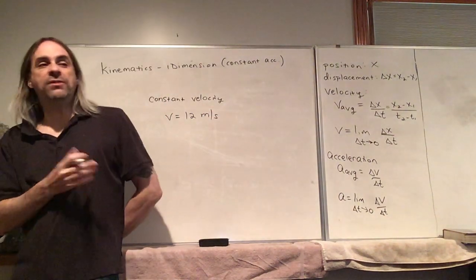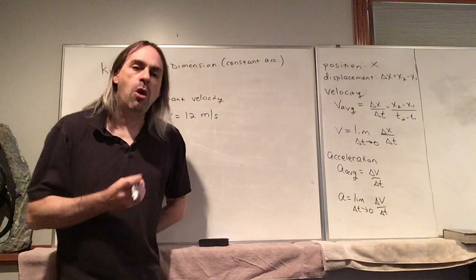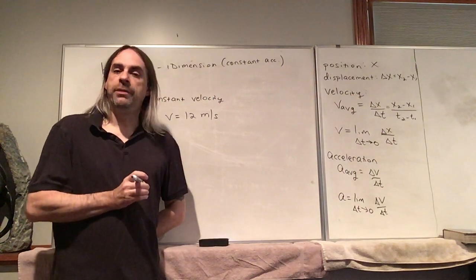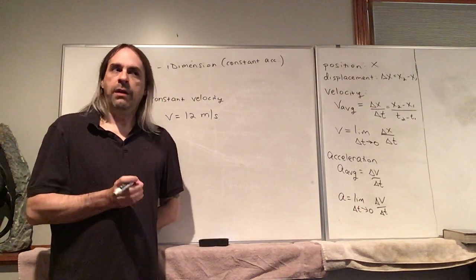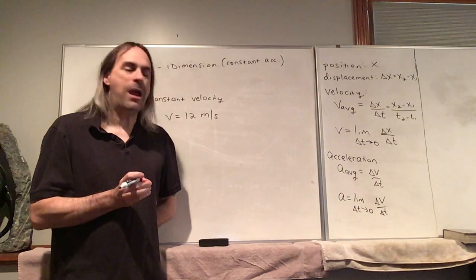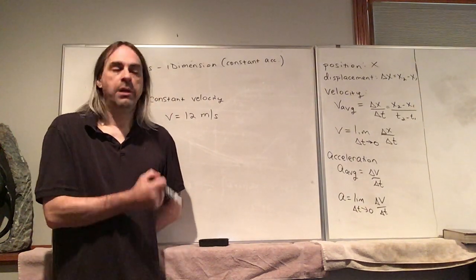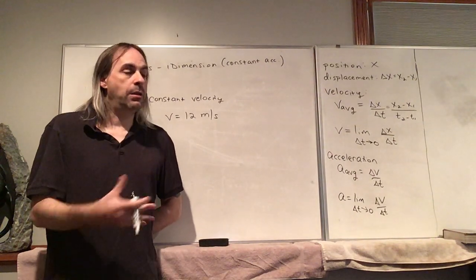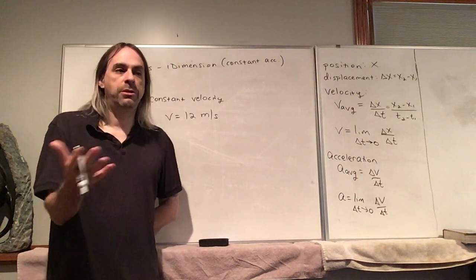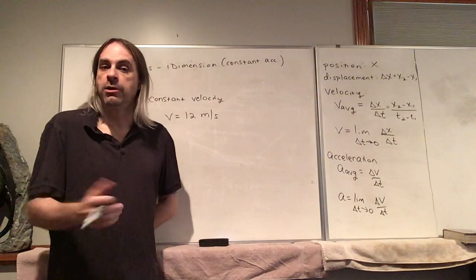So we have some object, and you know it's moving at a rate of 12 meters per second. Now the question is, do you know where this object is going to be, say, 1 second later? And again, when I ask this question in class, students very often say, yeah, it's going to be 12 meters away.